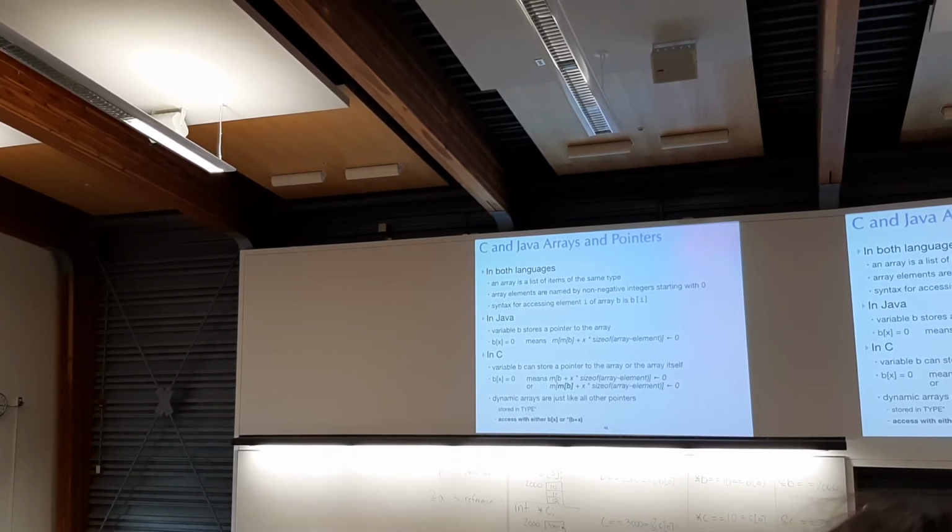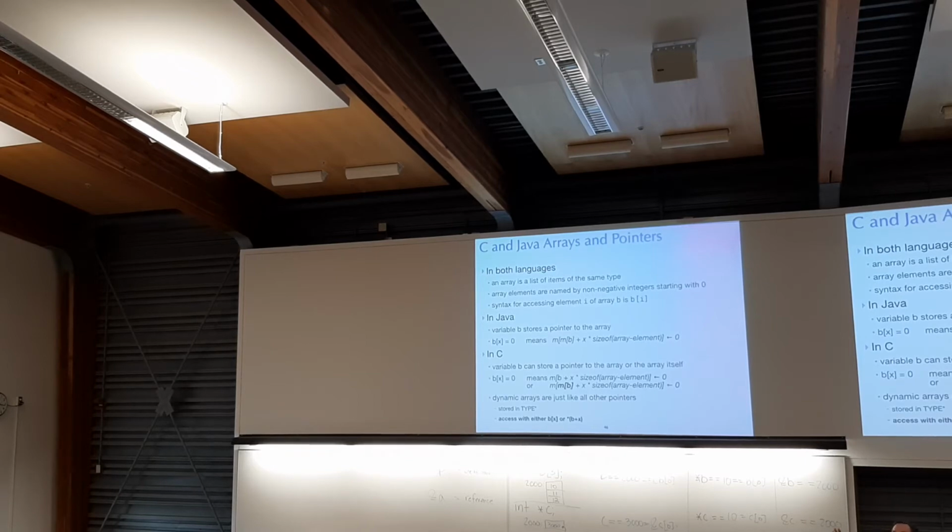Okay? So these two things, a static array and a pointer to an integer, are in the syntax of the language treated the same, except that the address of a static array is a constant. But otherwise they're treated the same. We use the same syntax, either that or that, to access elements of the array.